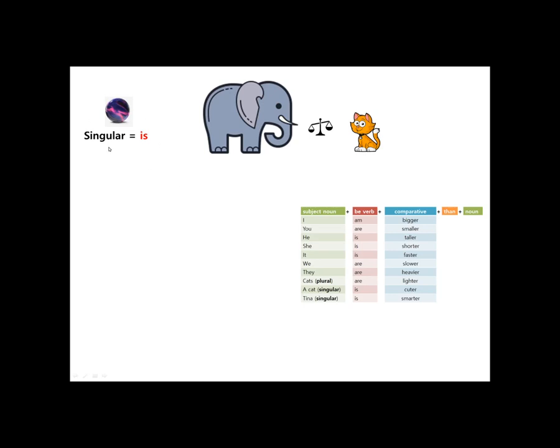So we have singular, one thing, and one thing. So this is an elephant and a cat. So using the adjective big, let's see, bigger. So an elephant is bigger than a cat.